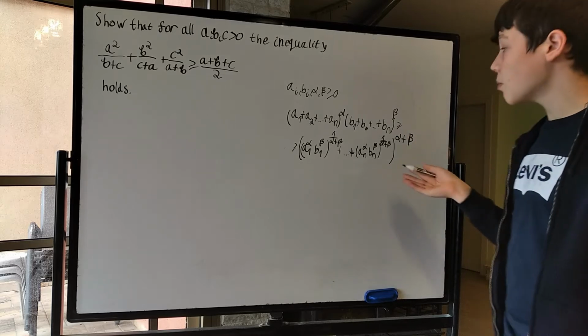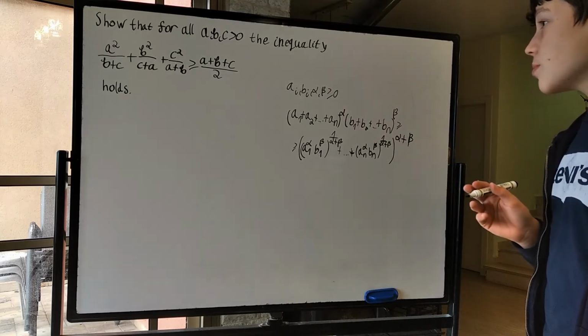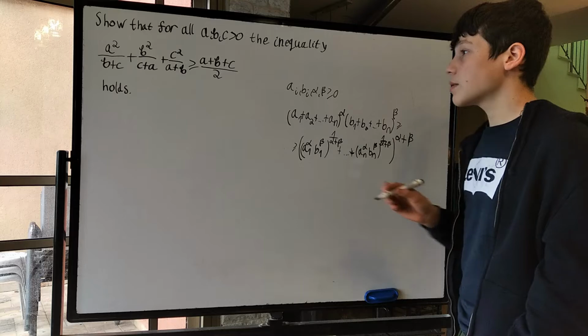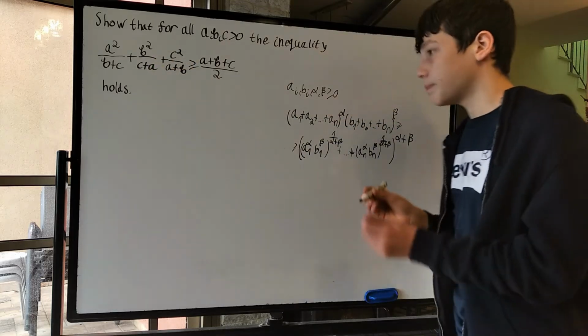This is Holder's inequality, and we're going to use it to get rid of these denominators.